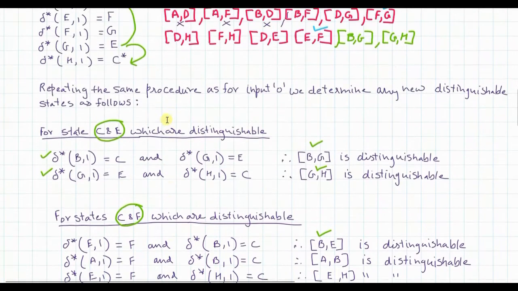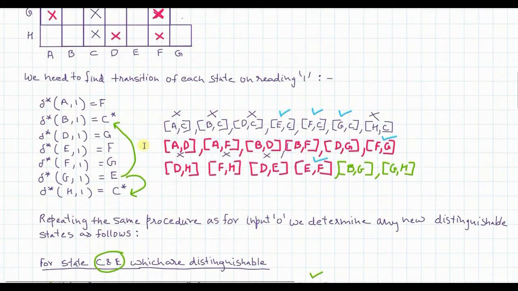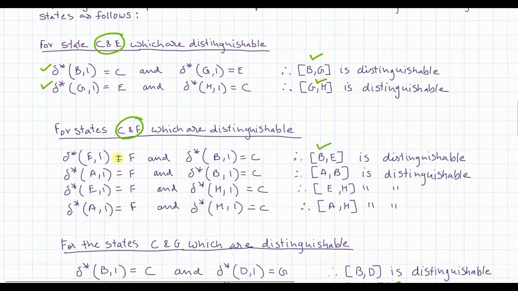Looking at the right hand side, I have already deduced this result. What you can do is just trace it and try to get the answer, so I will not be repeating the steps. E on 1 gives you F, B on 1 gives you C. Now C and F are already distinguishable, that's why I can say B and E is also distinguishable.